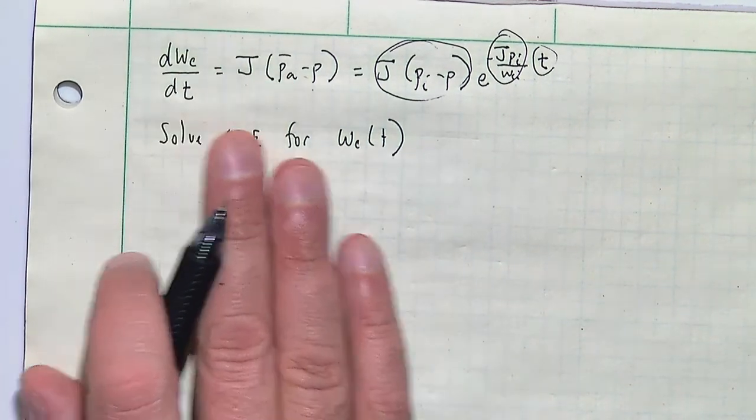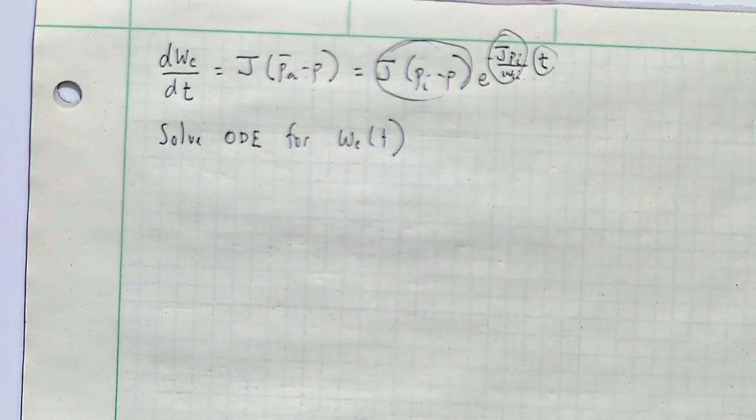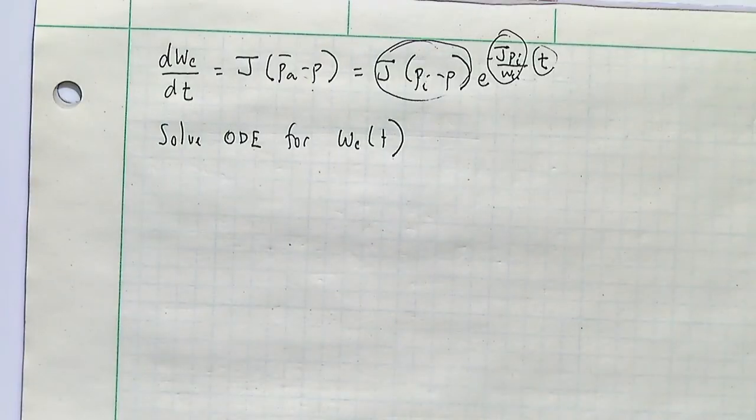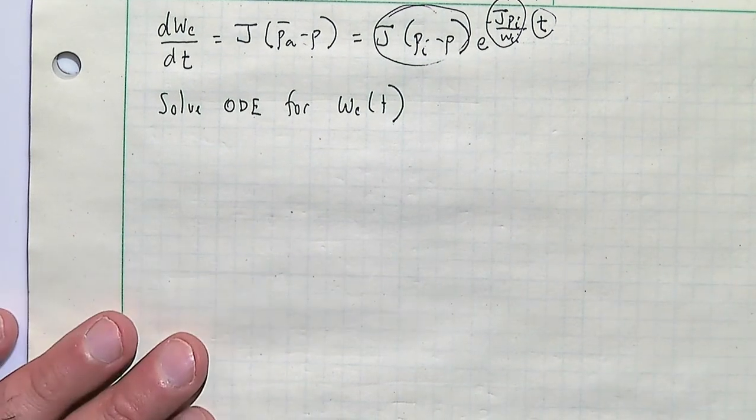This is dWe/dt, which you want to integrate, and you've got e to the minus something t. So it's like e to the 4x or e to the minus 4x, which is relatively easy to integrate.